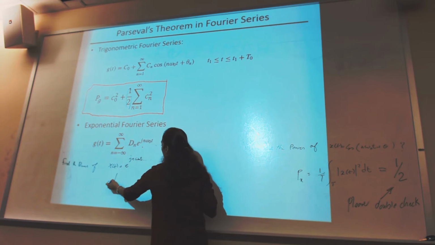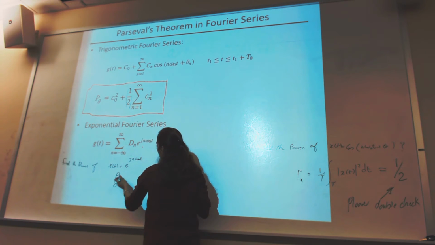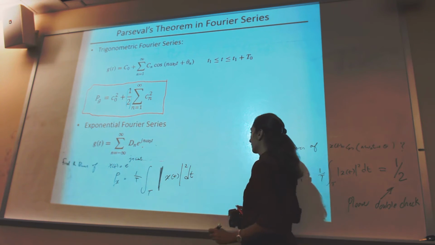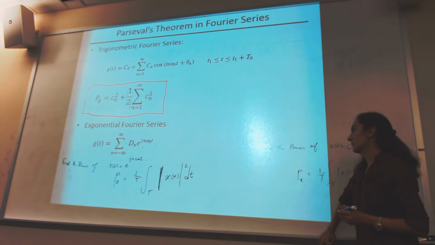What's the power of x? 1. So again, 1 over T, the integral over 1 period of the magnitude squared. This is very, very important. What's the magnitude of x of t? 1.